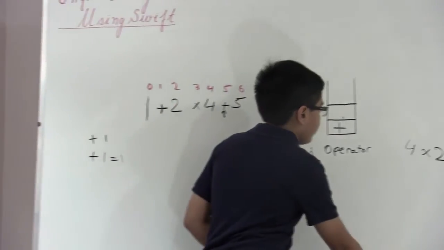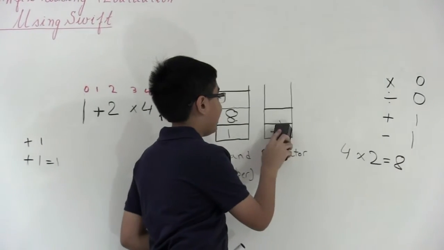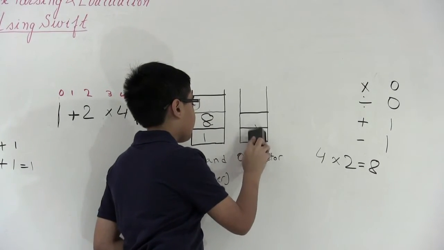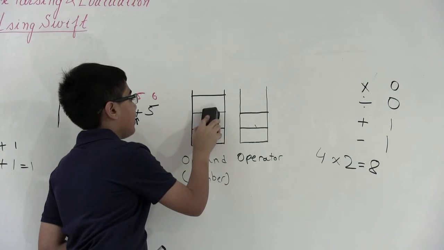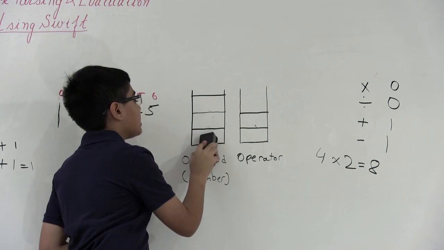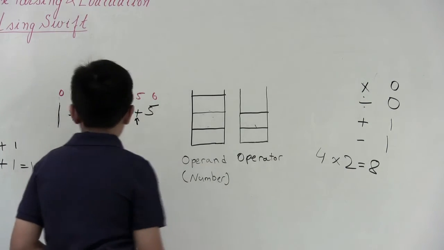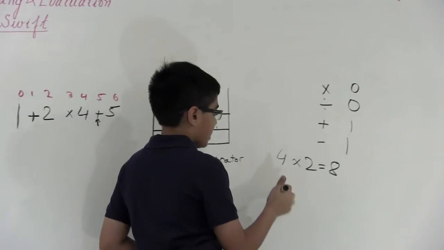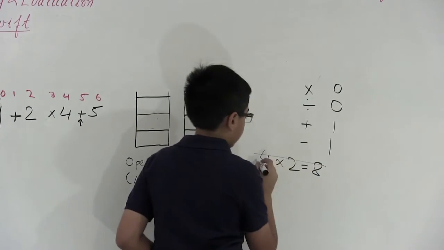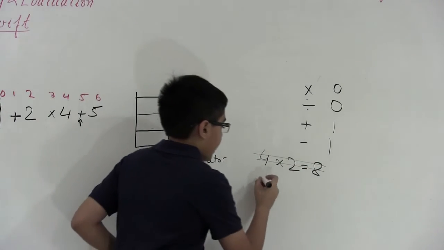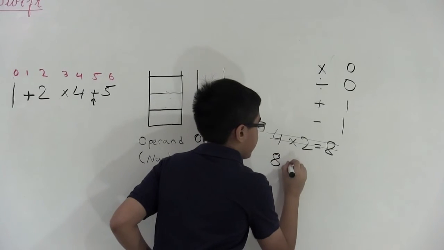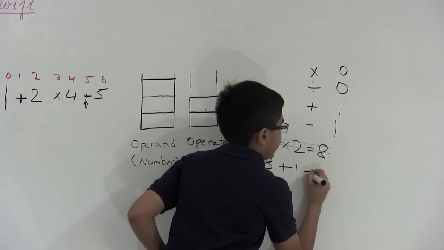So I'm going to pop this plus out of our stack, pop out our 8, and pop out the 1. Then I'm going to put them to the side, and I'm just going to keep that there so you know we've done that. So we have 8 plus 1, which will be equal to 9.